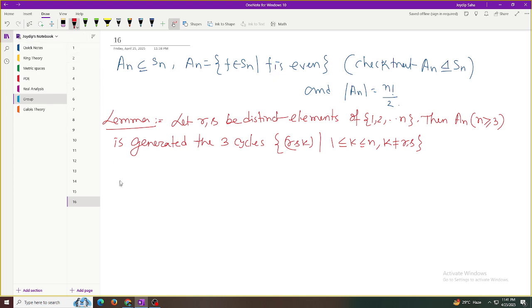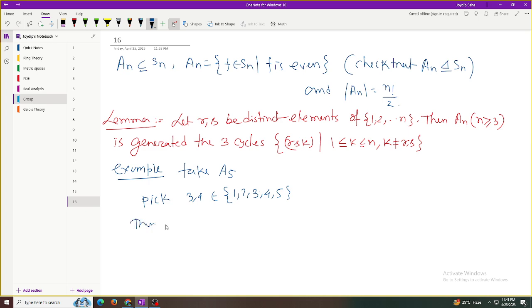Example, take A5. Pick (3 4) belonging to {1, 2, 3, 4, 5}.